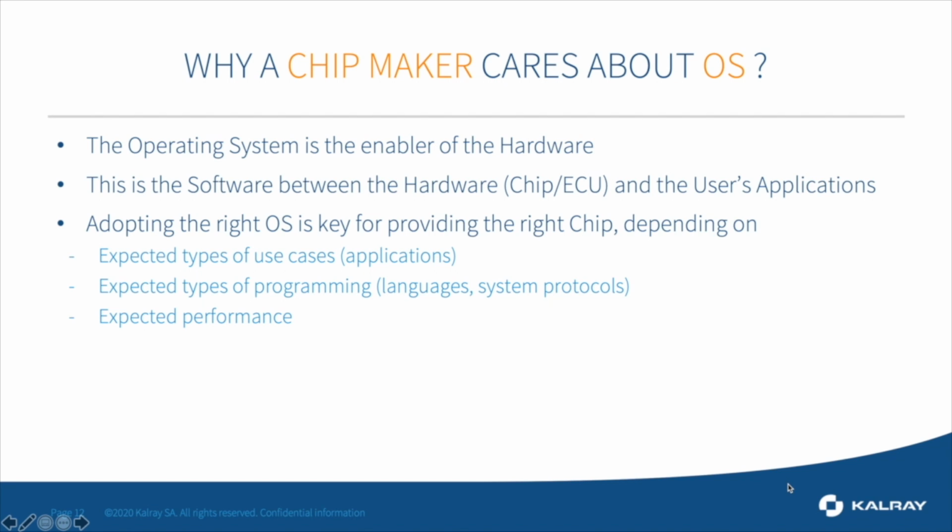As I was saying also, why a chip maker cares about the OS. We do need, as a chip maker, to expose the features that we want to the user to use, and adopting the right operating system, the right RTOS, is key for providing those capabilities of applying use cases, facilitating the programming of the hardware with language, with protocols, and obviously providing the features and the performance to the user.